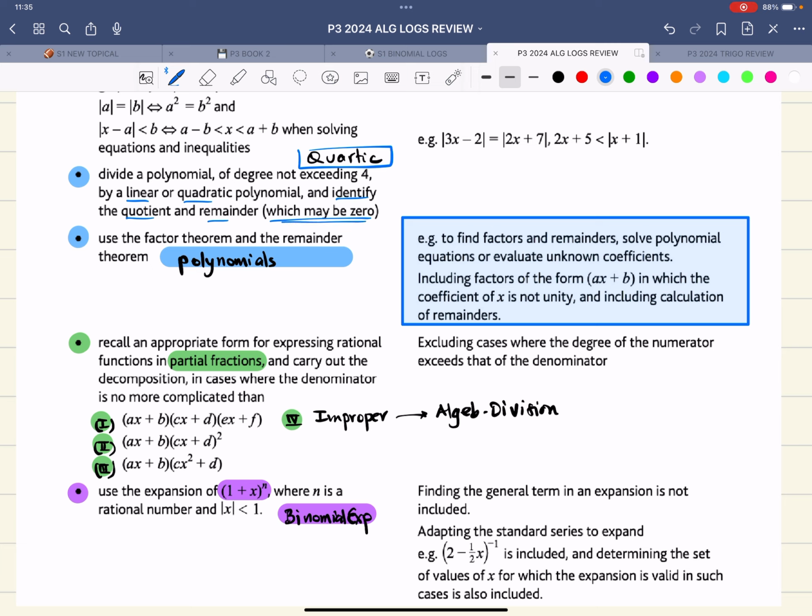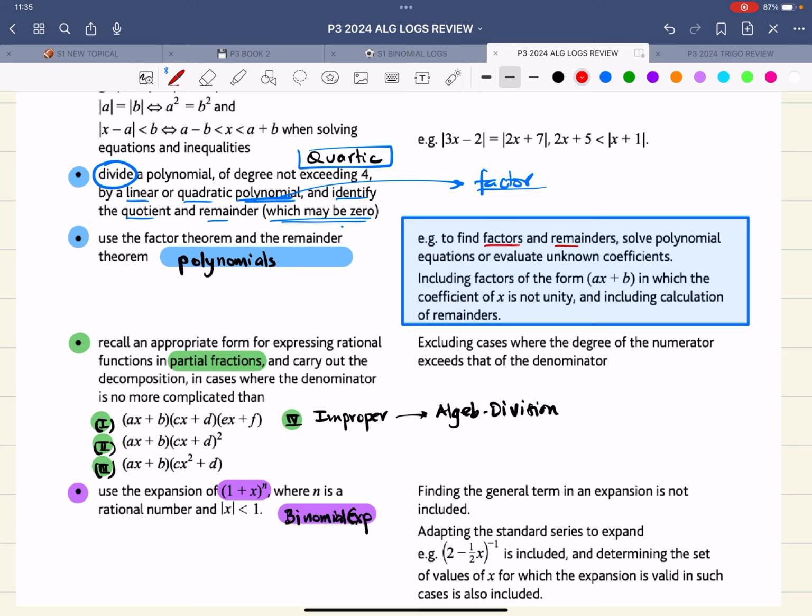That means when we are dividing a polynomial by a linear or quadratic polynomial, if it's a factor, the remainder will be 0. If it's not a factor, the remainder will not be 0. And this is the detail of that.